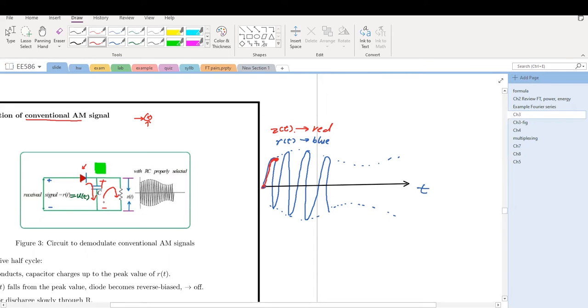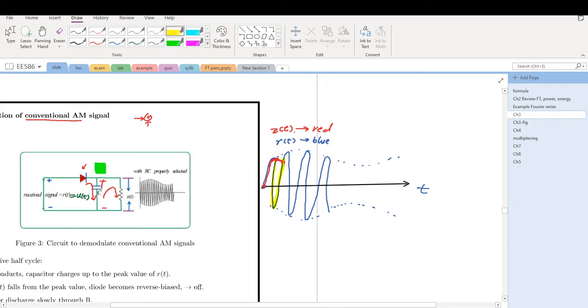When the diode is off, the capacitor is going to be discharging through the resistor. So the voltage here is going to drop. While the capacitor is discharging, the input signal is changing like here now. The signal is changing like here.